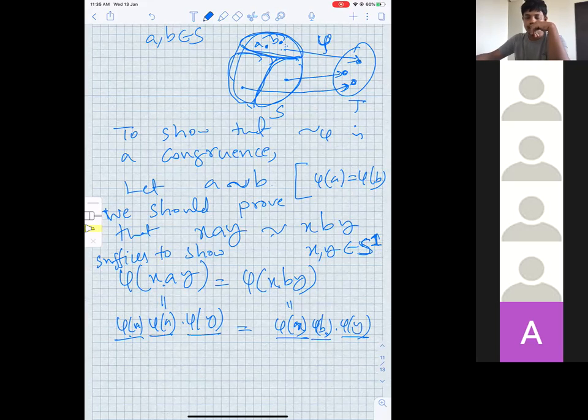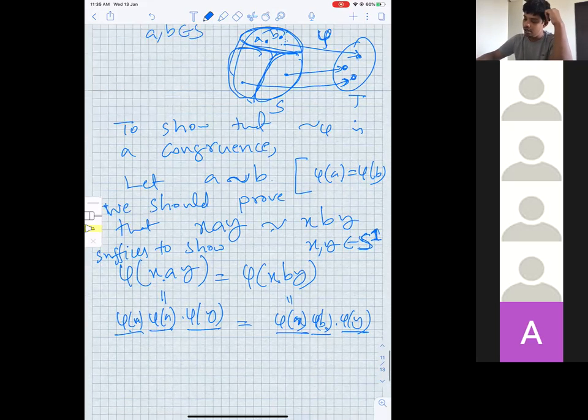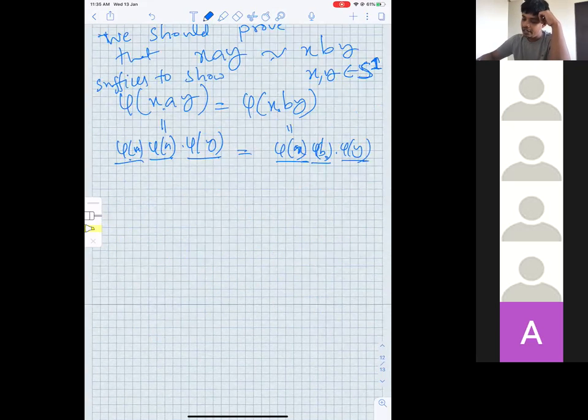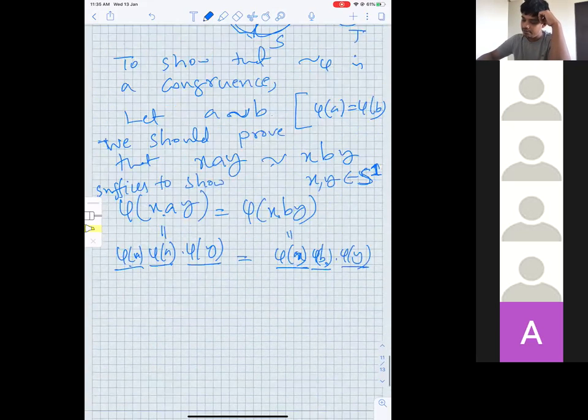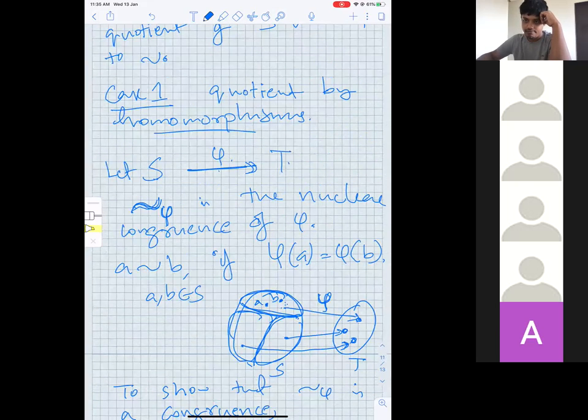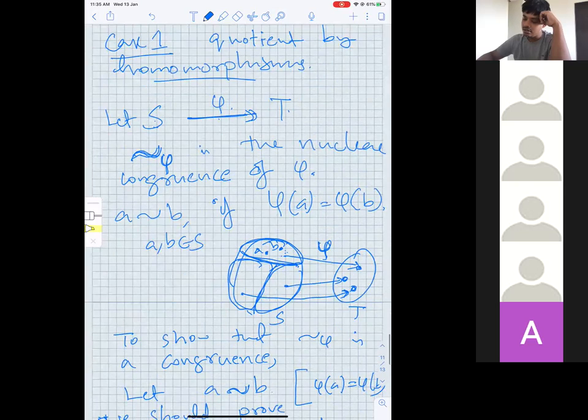Okay. All right. So whenever we have a morphism from S to T, it forces a congruence relation on S. And therefore, I can quotient the semigroup S with respect to that congruence relation tilde phi.